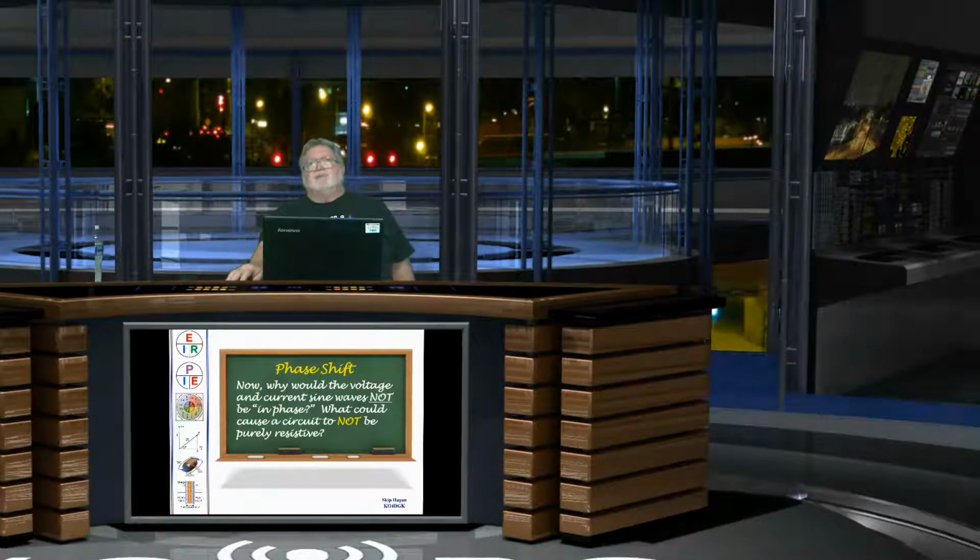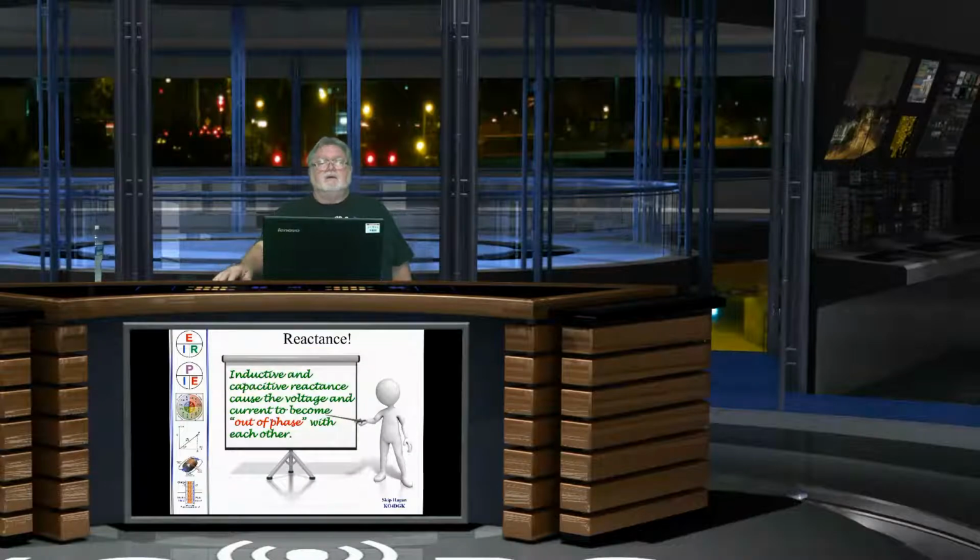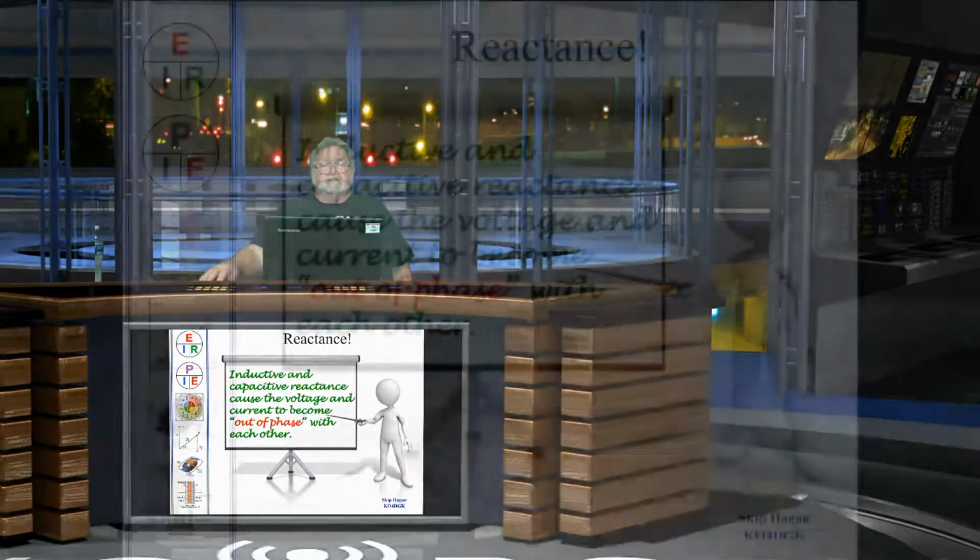Okay, so why would they not be in phase? Why would voltage and current not be in phase with each other or synchronized? What could cause a circuit to not be purely resistive? Reactance is the answer to that.